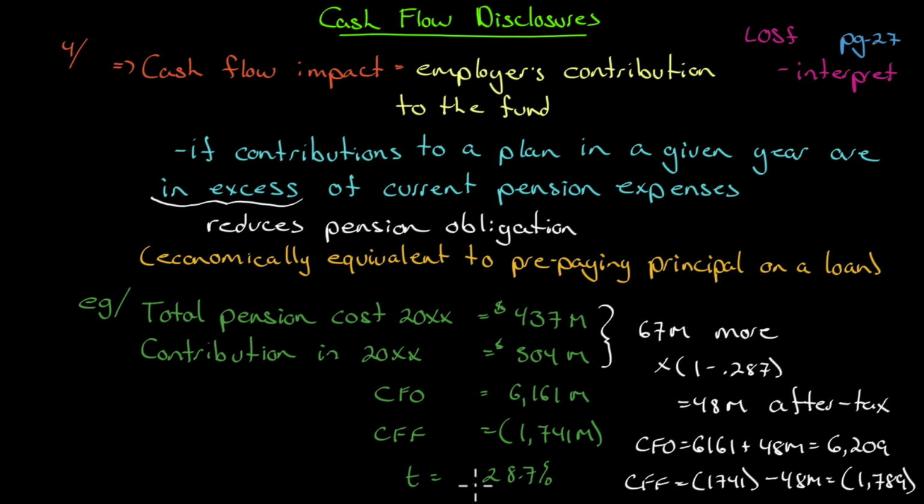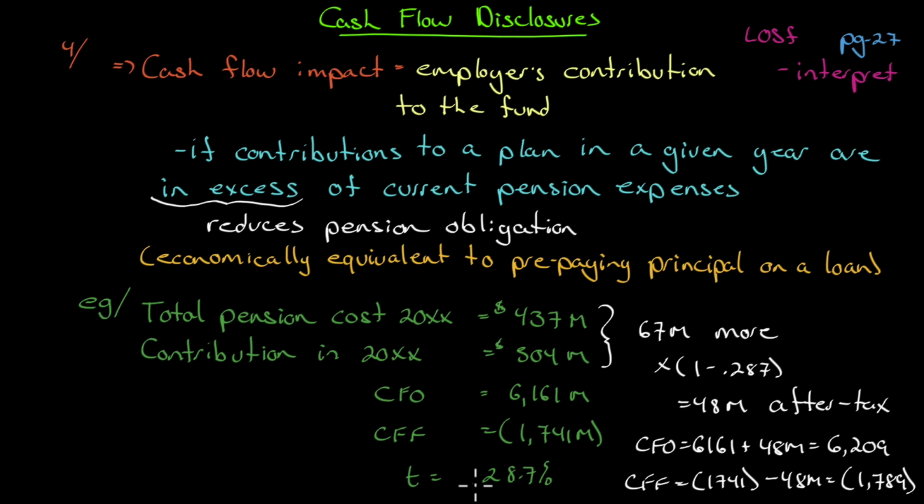So if we find that the market is in a good place to make a good investment, the plan assets are an investment that will reduce future contributions that the company has to make. So there could be a corporate finance case to be made for over-contributing to a plan in a particular year.